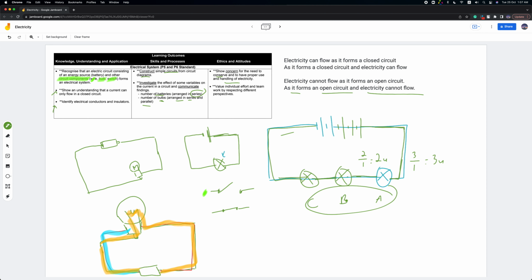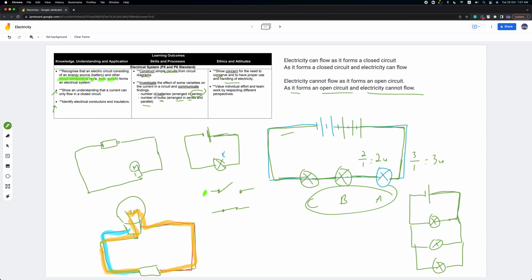What happens if they are arranged in parallel? I'll try to squeeze it here. It will look something like this. After this, we'll talk about the effect of bulbs arranged in series and parallel. If you look carefully here, they have their own loops.